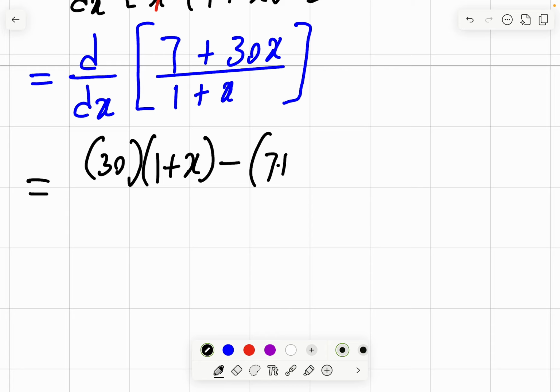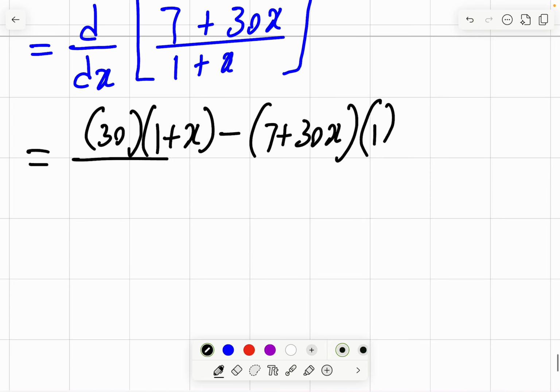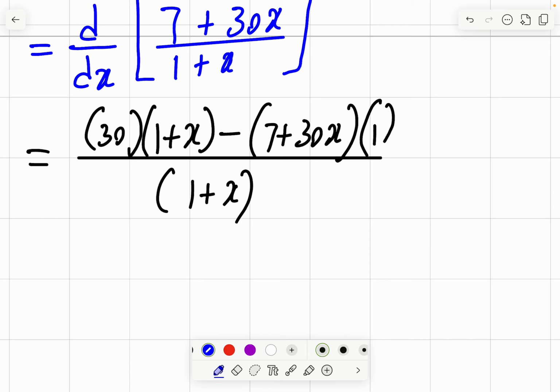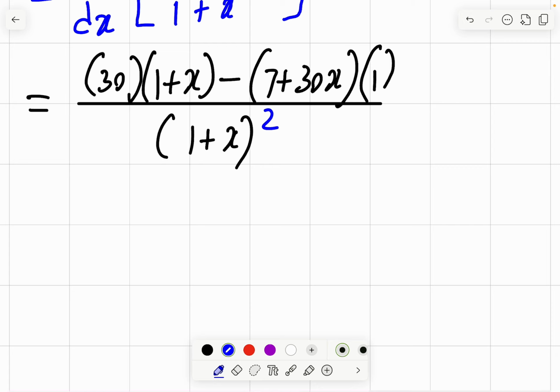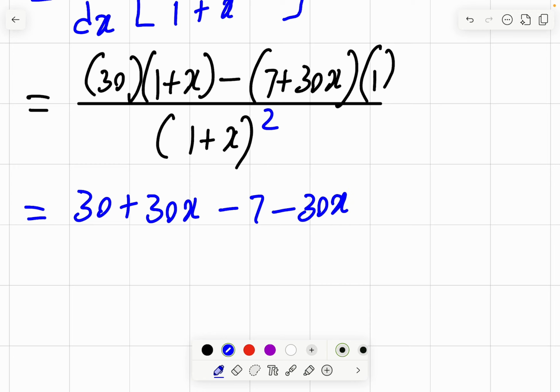I keep the numerator, which is f of x, and multiply by f prime of x for the denominator, which is going to be 1. Therefore, I say the whole divided by 1 plus x all squared. Don't forget. So my answer is going to be: I multiply that out, and I'm going to have 30 plus 30x minus 7 minus 30x.